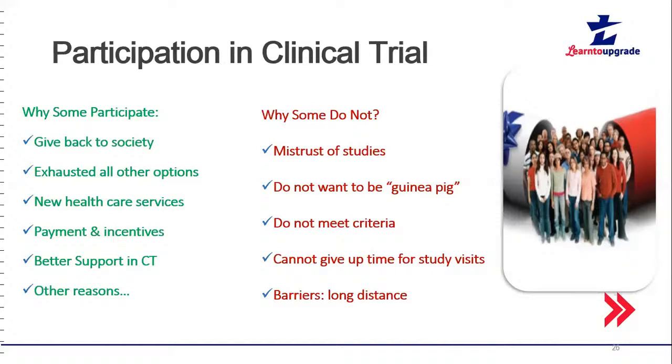Same way the exclusion criteria is there, kind of an opposite of the inclusion. Let's say 30 to 40 is okay, but if a patient in that age range is suffering from cancer or a blood pressure problem, he or she cannot participate, even though he or she is 30 years old. That is exclusion criteria. If you are not fitting that criteria, you cannot participate. So that is another reason.